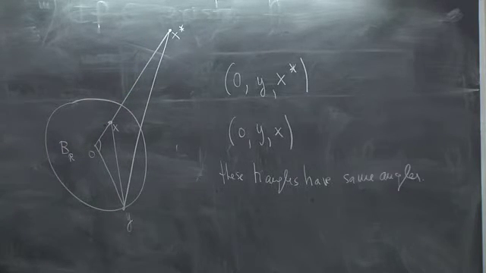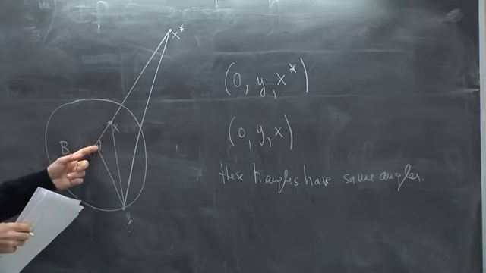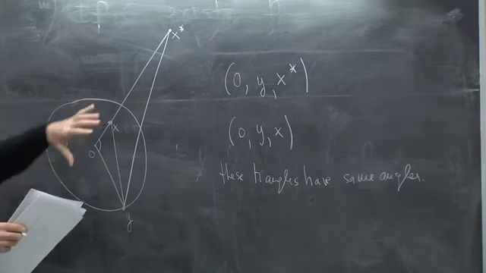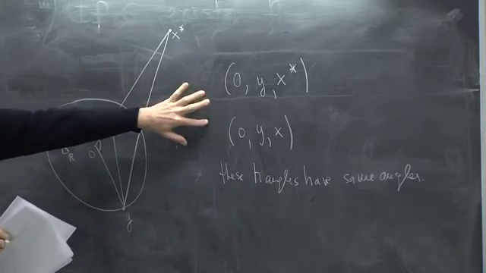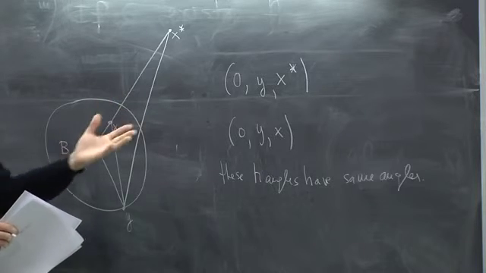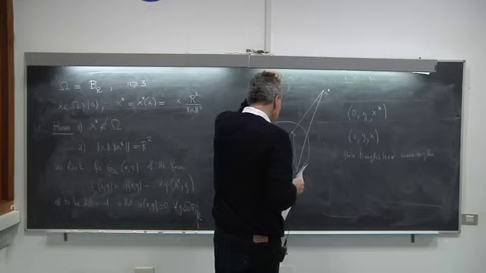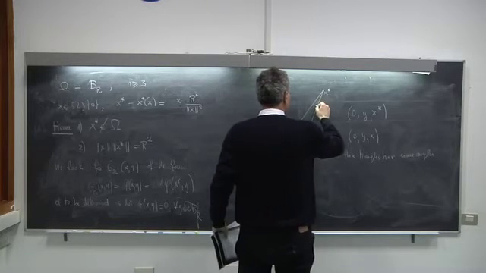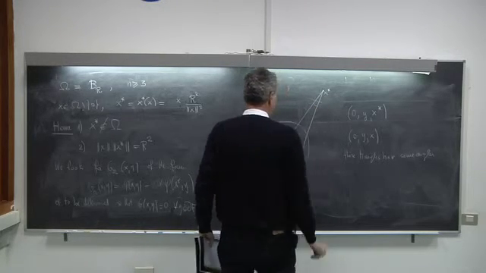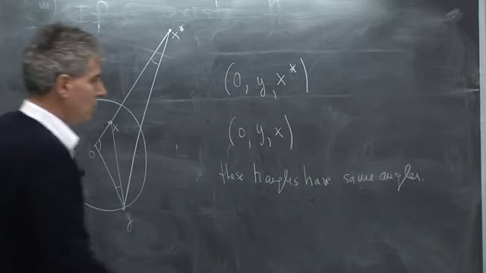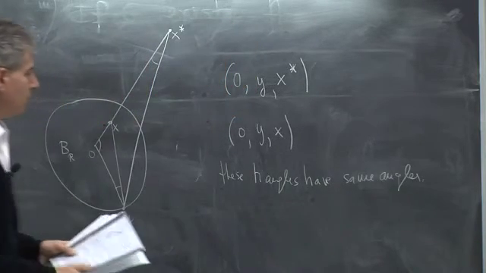So try to check this, so that they have one angle and the two adjacent sides of each triangle are proportional, then they have the same angles. Namely, this is equal to this. So check this, and tomorrow we will compute.